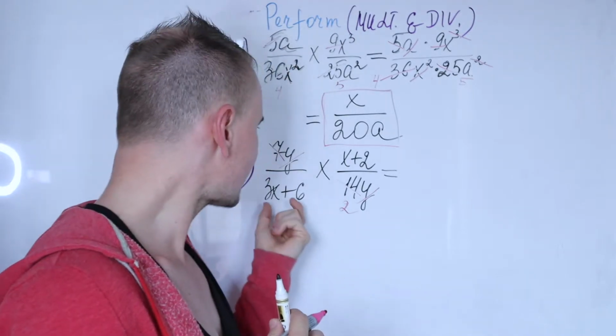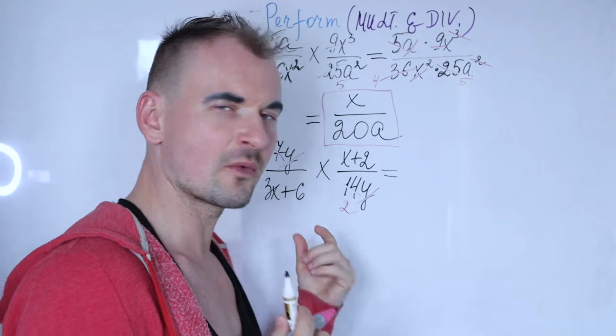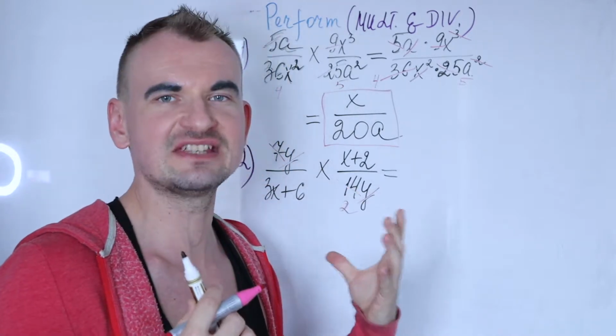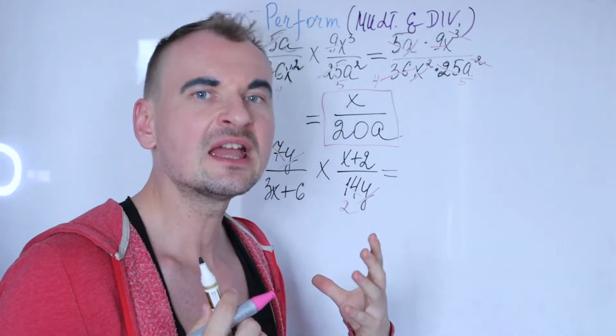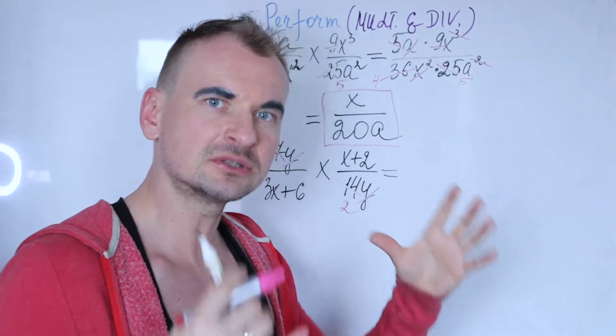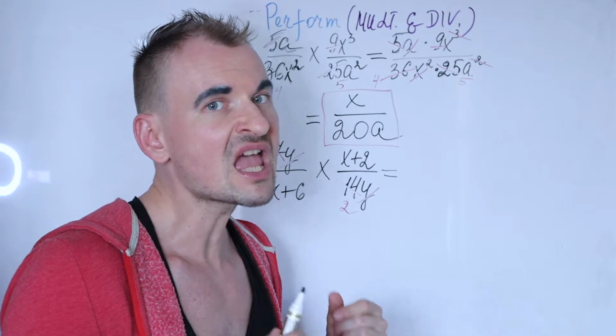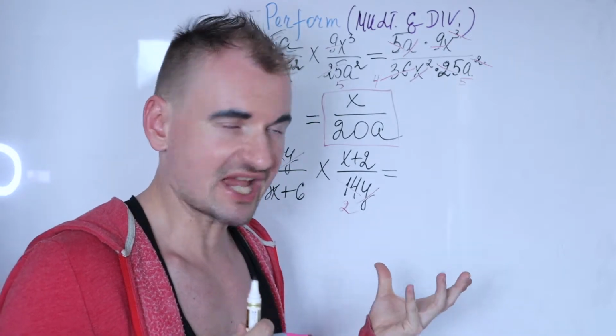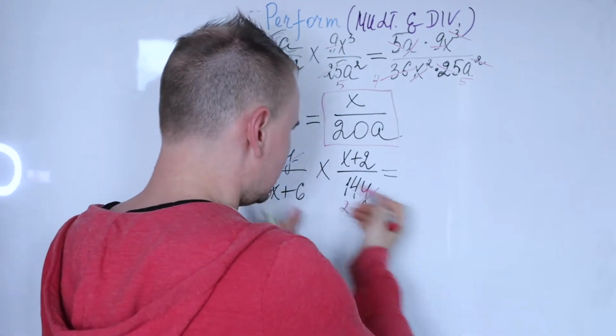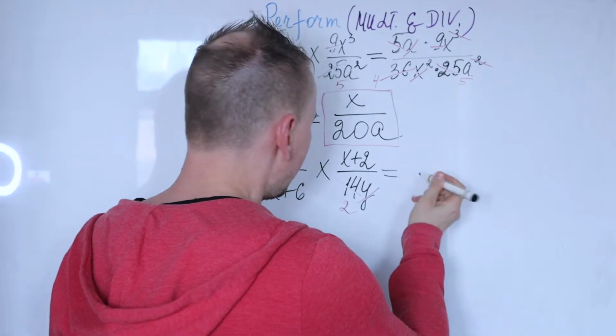Since 3x and 6, both terms, are divisible by 3, 3 can be taken outside of the parentheses.